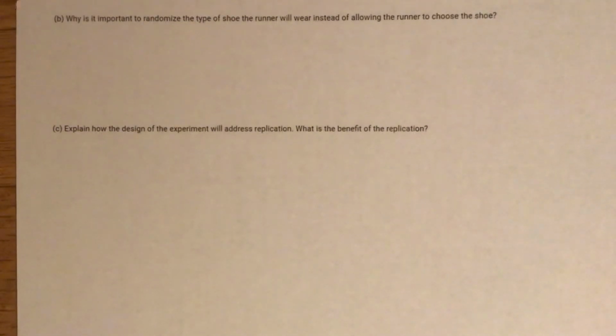So if you pick one person, that one person can vary a lot. But if you do 50 people, a group of 50 people can't vary that much from the population mean, right? So if I know a certain group is going to run the mile in, on average, 7 minutes, if I pick 50 people, it's very difficult for that group of 50 to vary very much from 7 minutes.